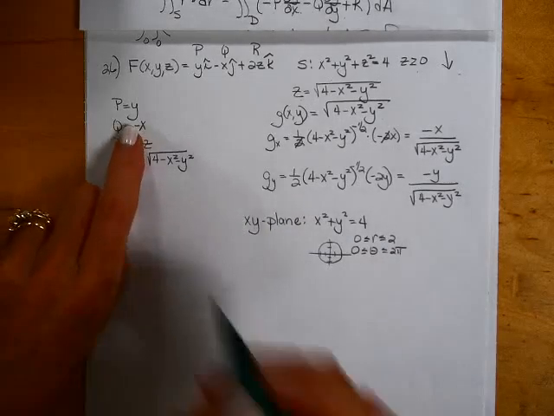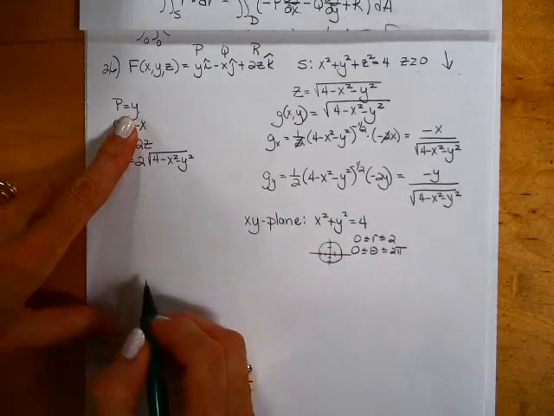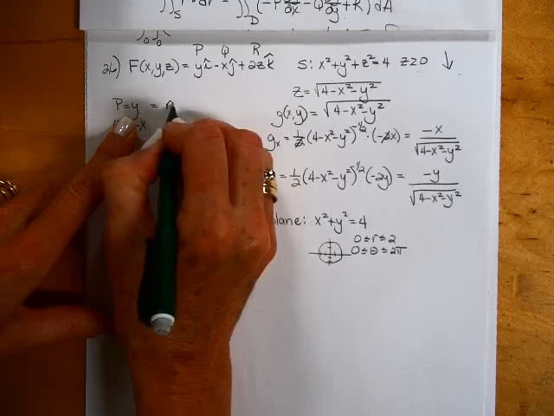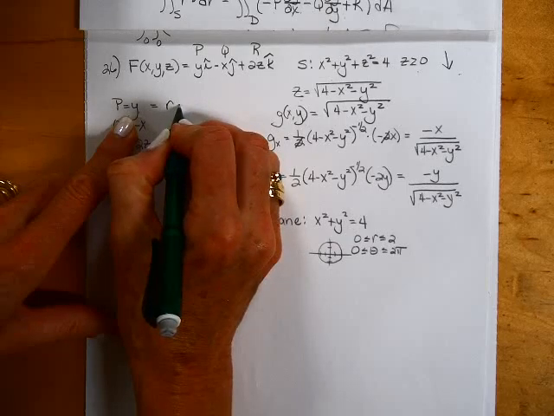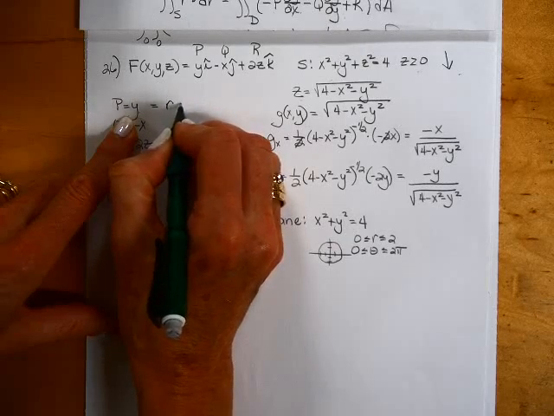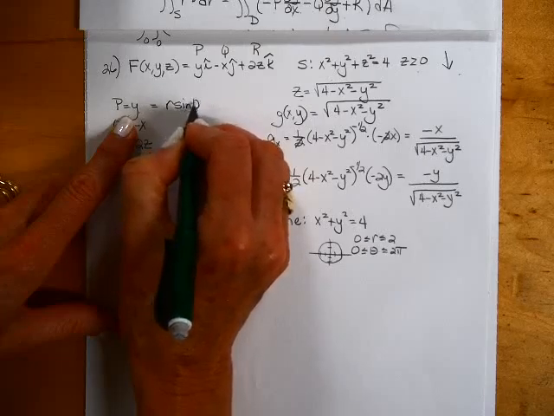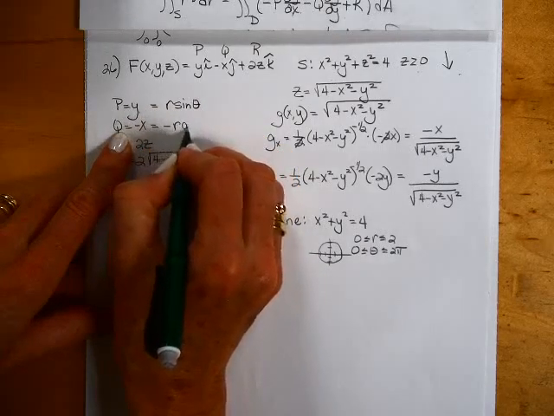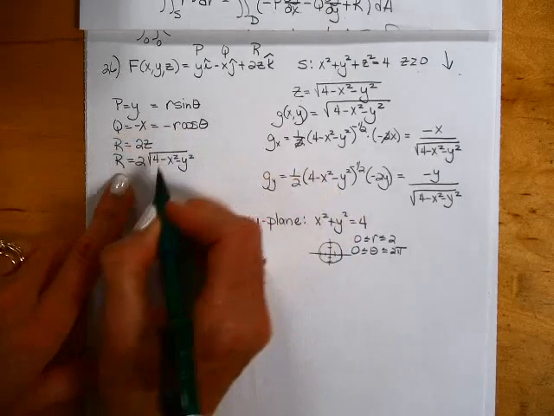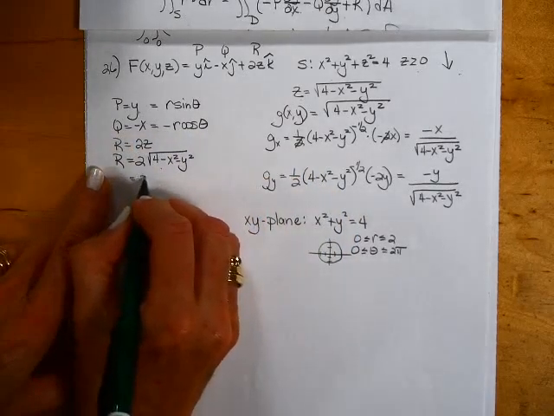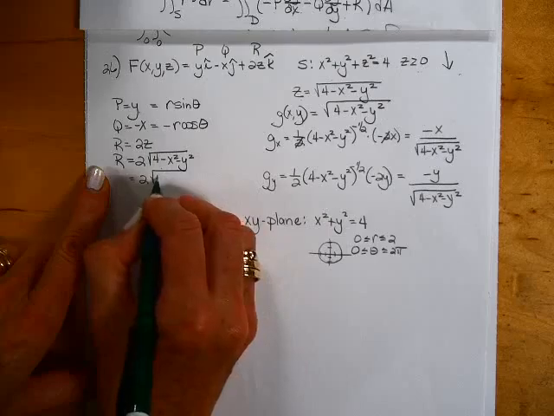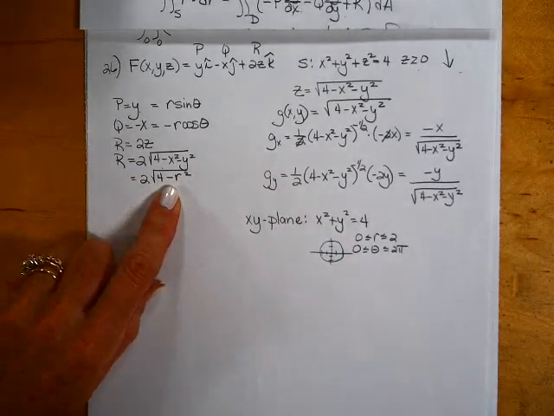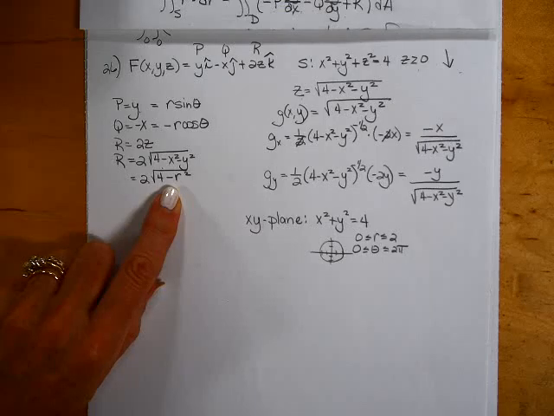So y, if I put polar coordinates, y is r sine theta. Negative x is going to be negative r cosine theta. And this is going to be 4 minus r squared, because x squared plus y squared is r squared.